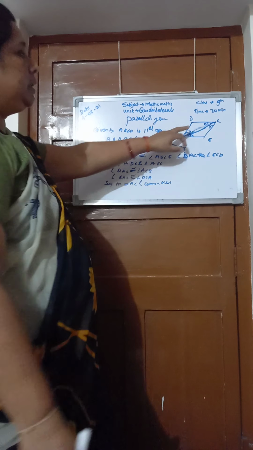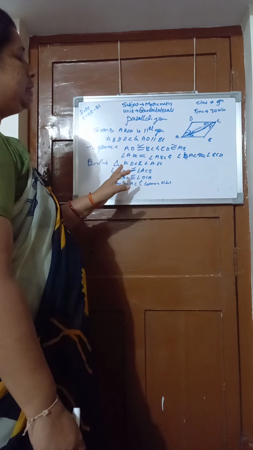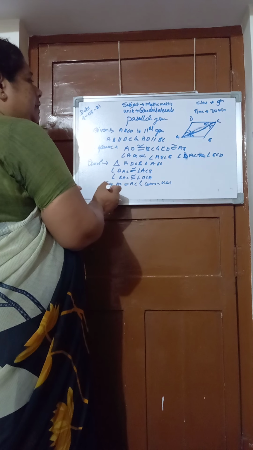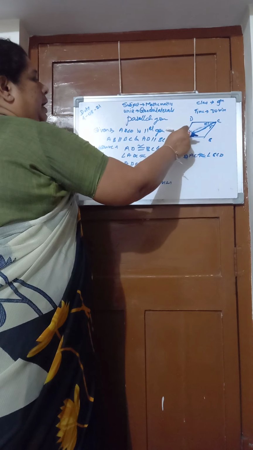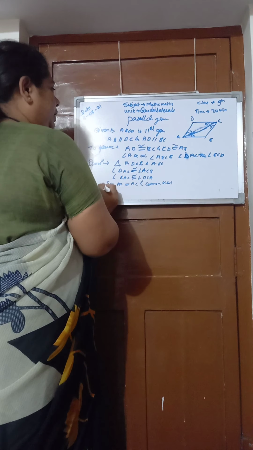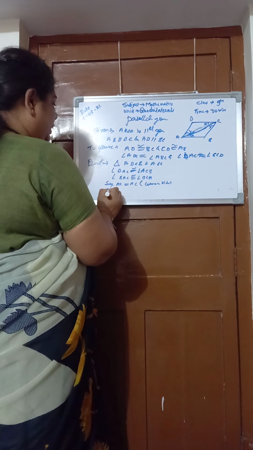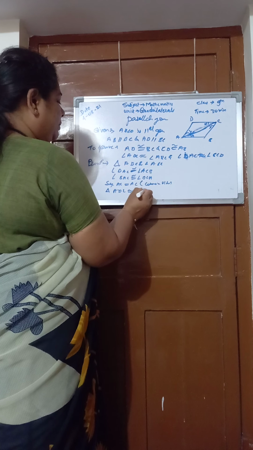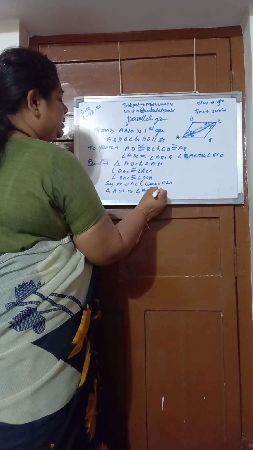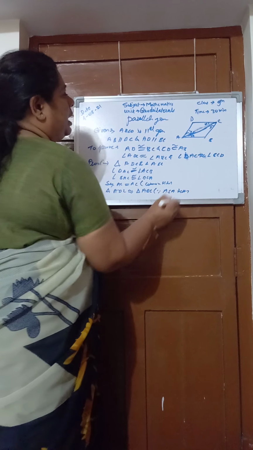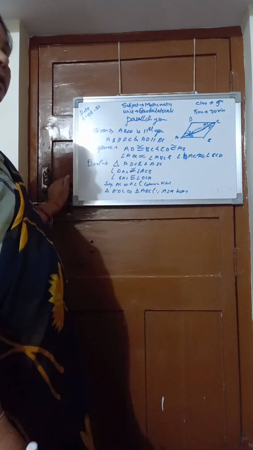Which test is applicable to this figure? We can use the ASA test. According to the ASA test, triangle ADC congruent triangle ABC. Angle side angle test.